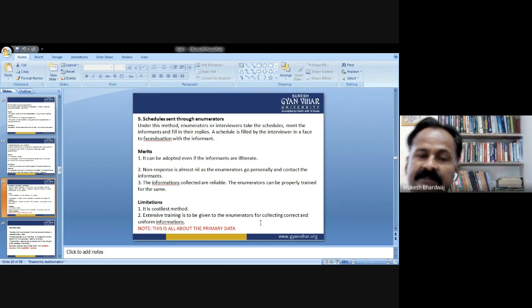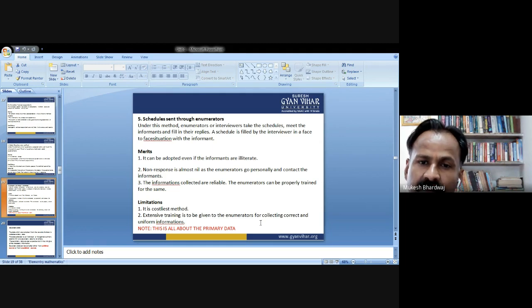And the last method to collect the data is schedules sent through the enumerators. Under this method, enumerators or interviewers take the schedules, meet the informants, and fill in their reply. It is just similar to the direct collecting method.